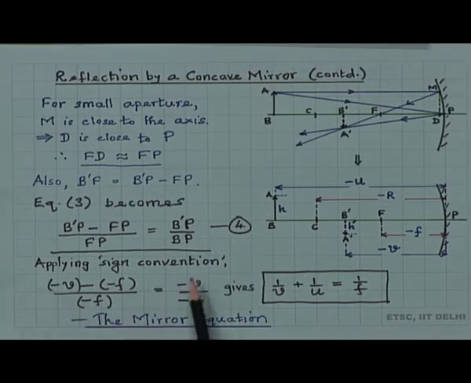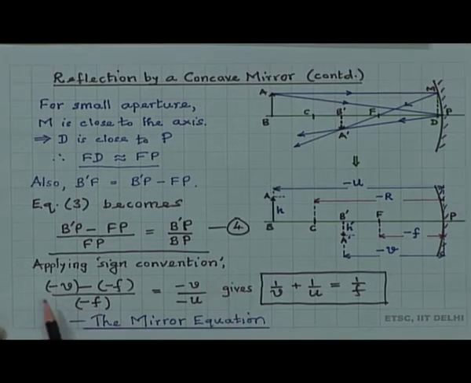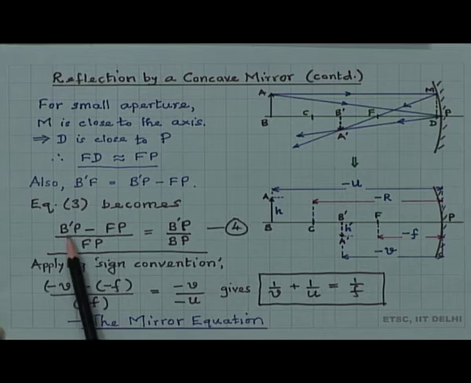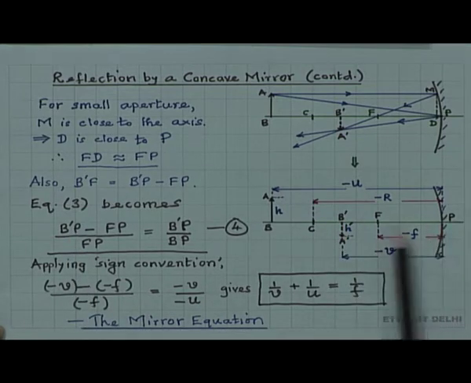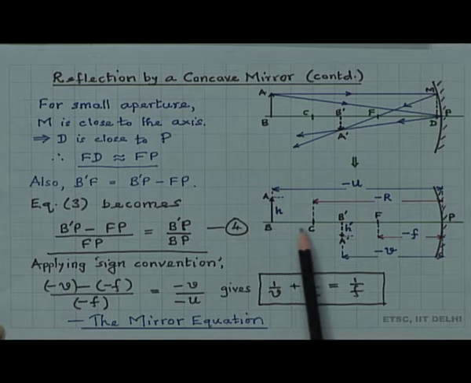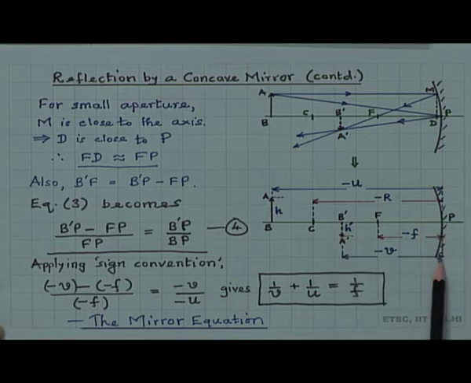Now, we apply the sign convention. Sign convention we have already discussed. For this example, B'P is the image distance which is on the left. We are all the while treating light incident from this direction. Therefore, our x axis is increasing in this direction. x equal to 0 is here, and therefore, B'P is minus v.